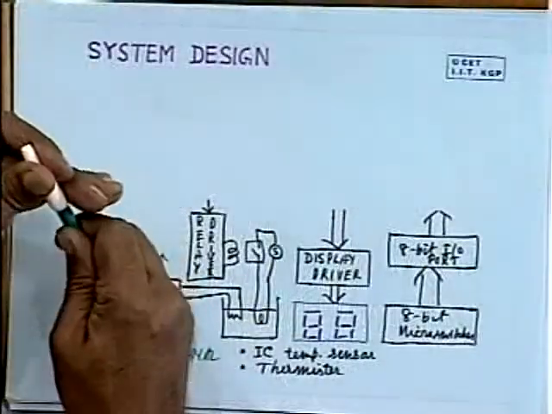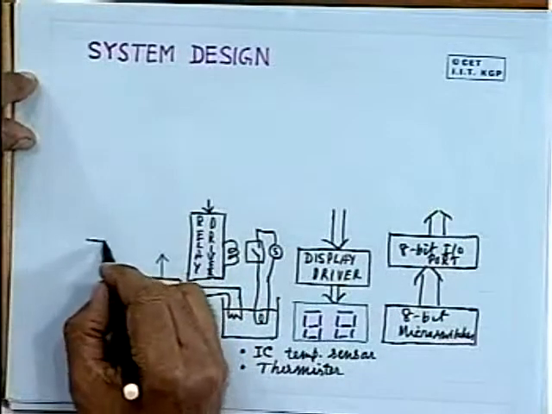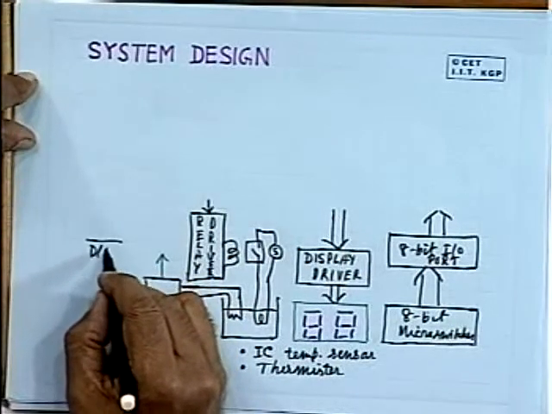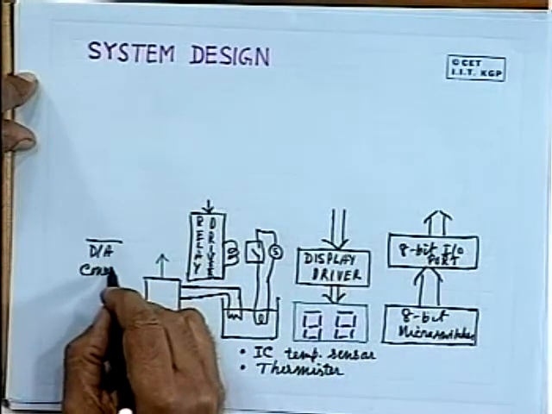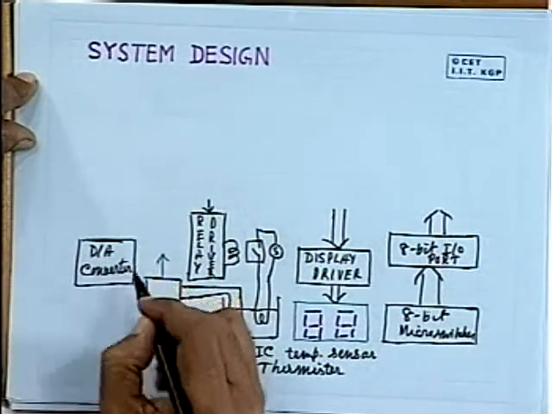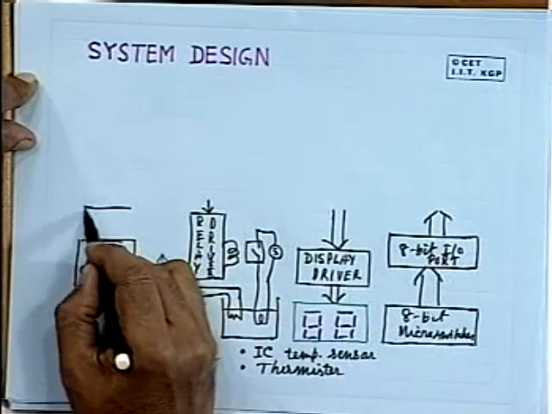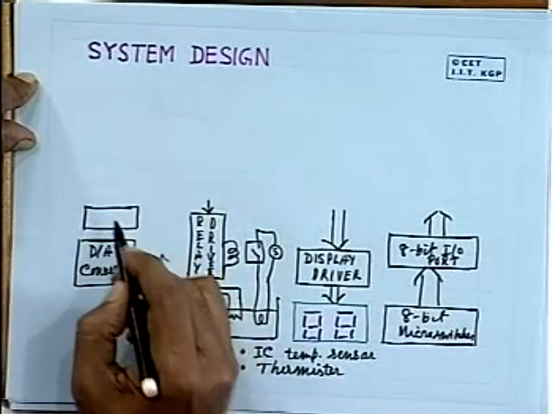So if we accept that, then we can use one digital to analog converter. So we shall use one D2A converter, digital to analog converter, to implement the AD conversion, analog to digital conversion.